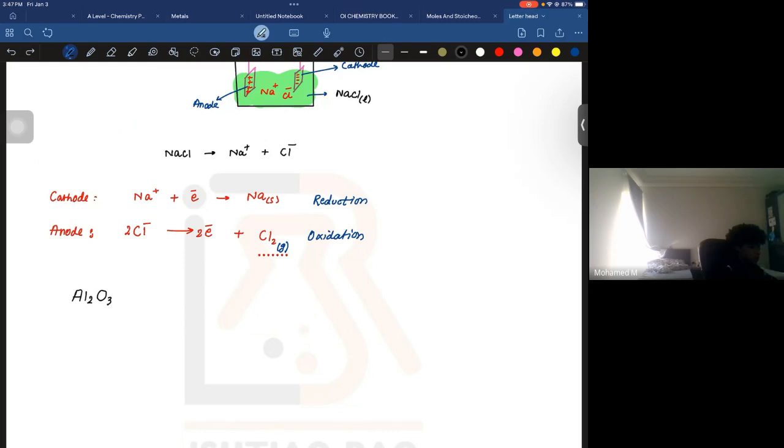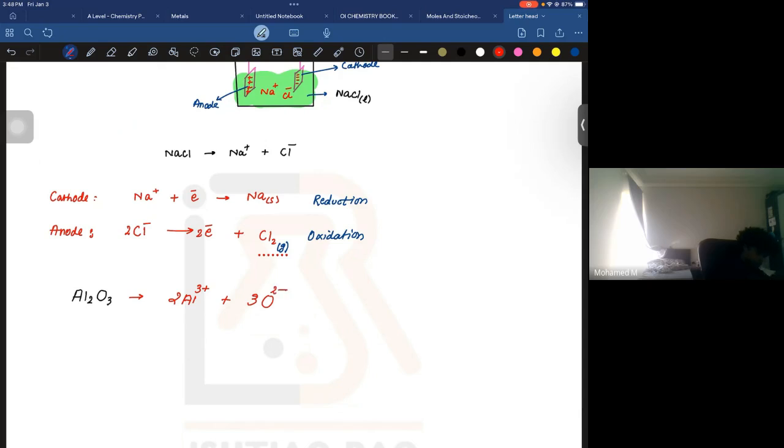Then oxygen would become O2 minus, and it goes into electrons plus oxygen gas. No, first of all, you have to form the equation, and then 3 oxygen would be produced.